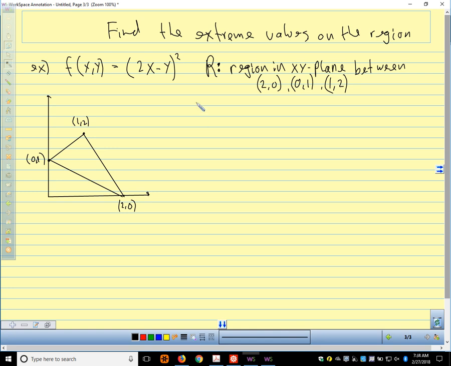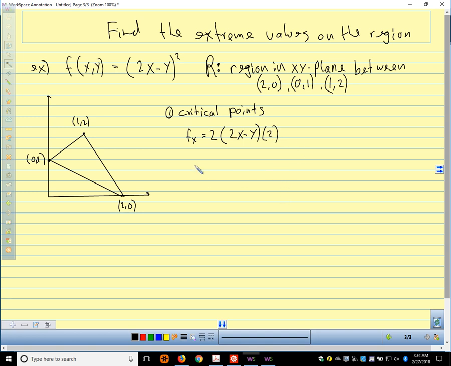All right, so I'm going to first find the critical points in the region. f sub x, the partial with respect to x, is 2 times (2x - y) times 2.